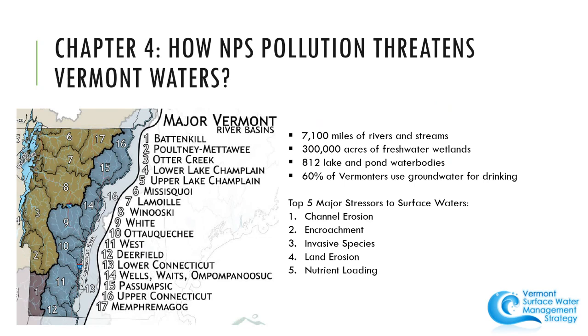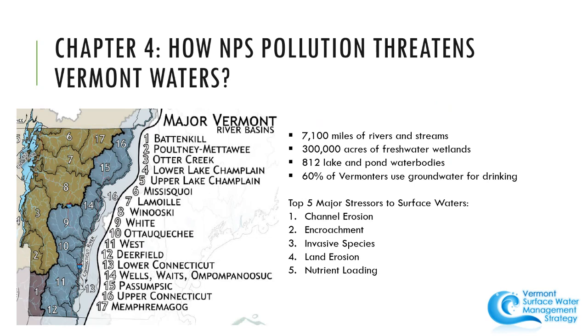We're talking about 812 lake and pond water bodies. And underneath all of that, of course, is the groundwater, of which about 60% of Vermonters use groundwater as their drinking water source. So also a hugely important piece of this.